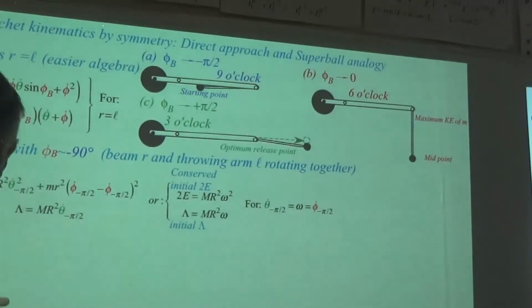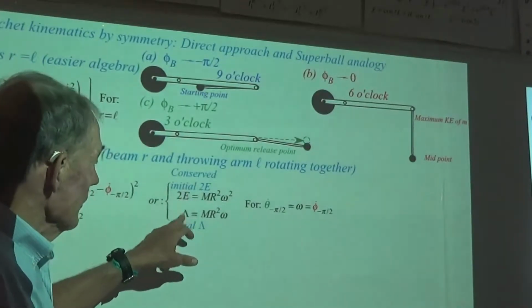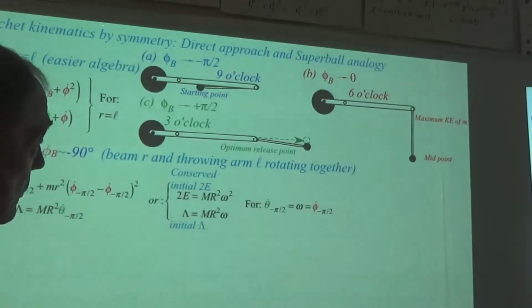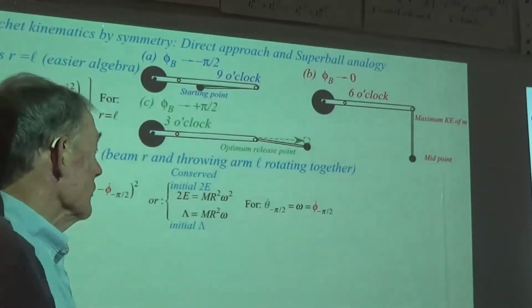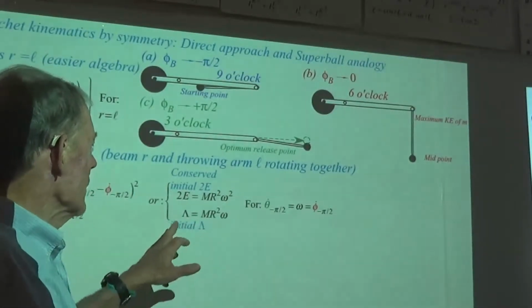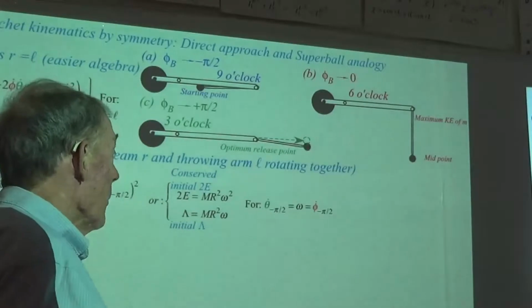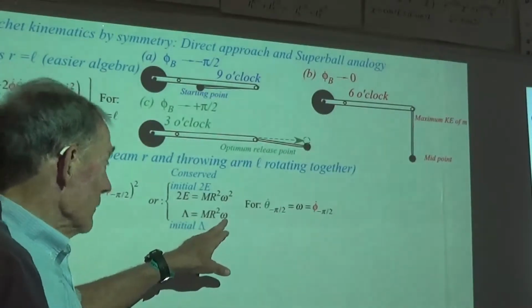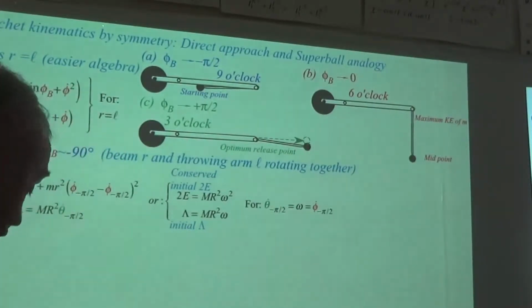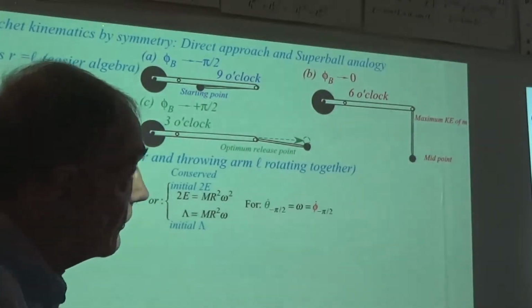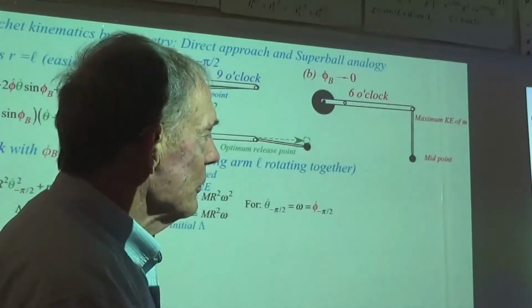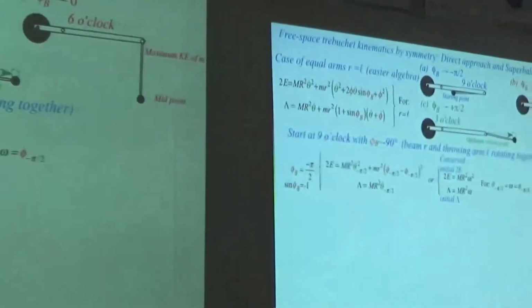And remember, these are conserved quantities, okay? So we're going to make use of that. We're just going to call 2e, that's an expression for m r squared omega squared, and then this momentum, that's m r squared angular velocity, not squared, and that is what the situation is at the particular initial site there.